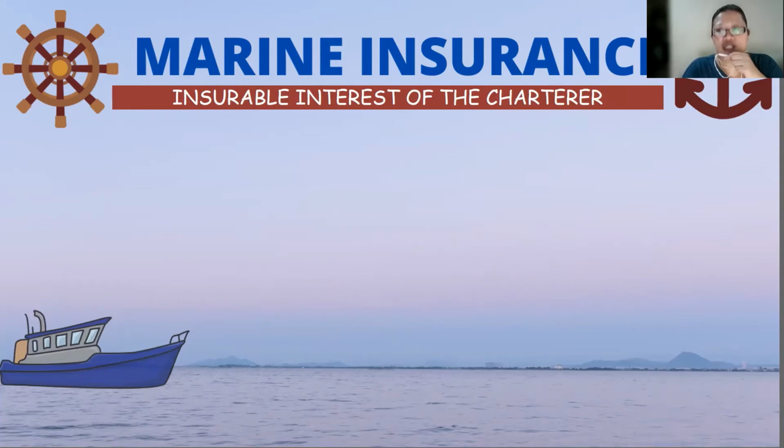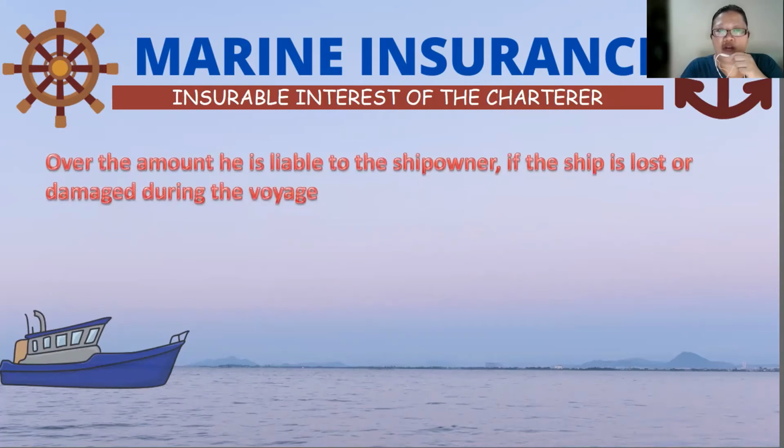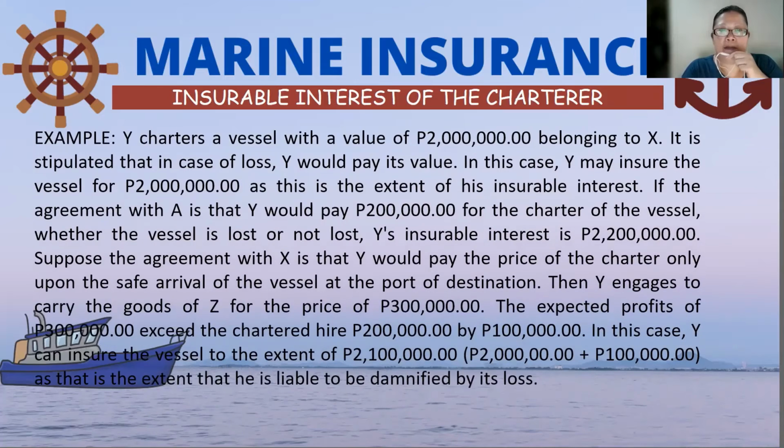Next is the insurable interest of the charterer over the amount he is liable for to the ship owner if the ship is lost or damaged during the voyage. An example of this: Y charters a vessel with a value of 2 million pesos, which belongs to X. It is stipulated that in case of loss, Y would pay its value, which is 2 million pesos.